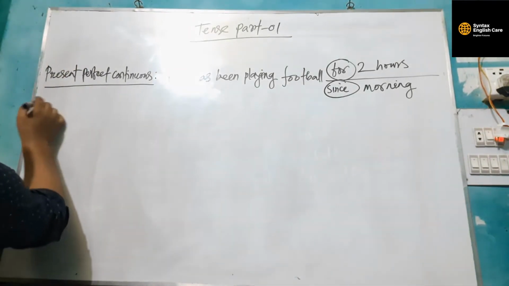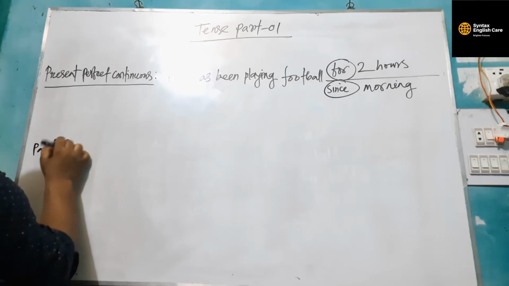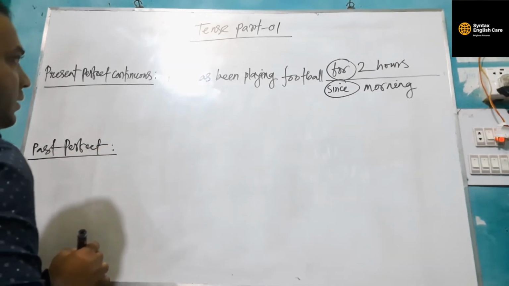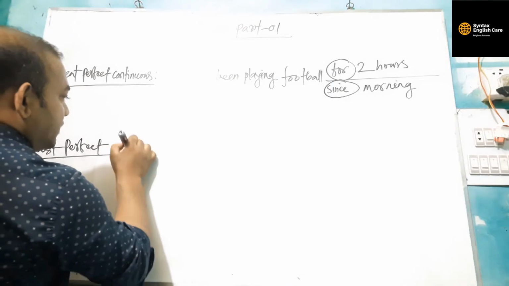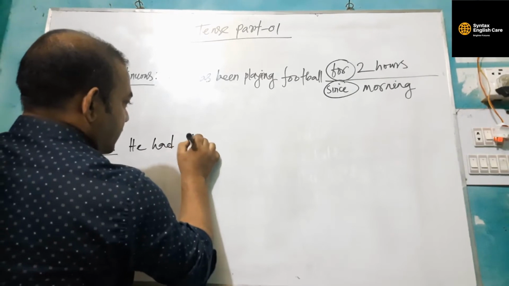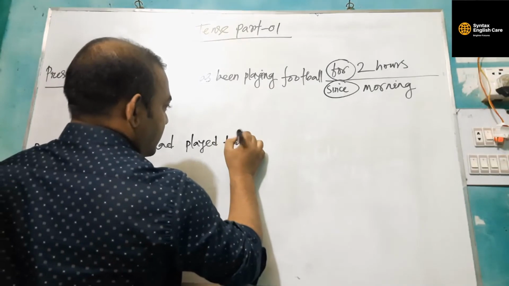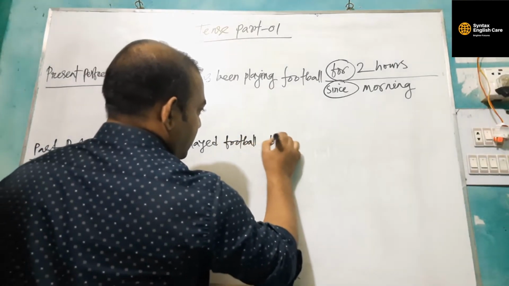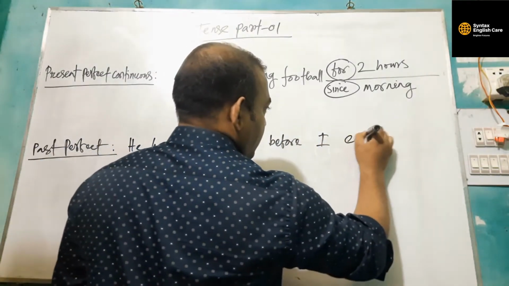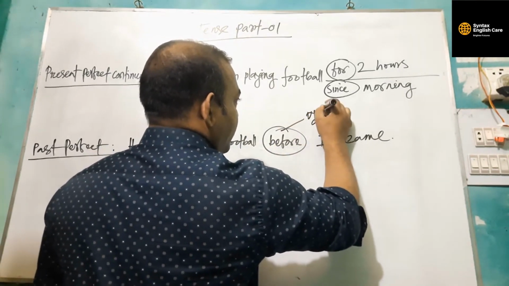I'm trying to write past perfect. Okay, here before means পূর্বে, before হচ্ছে আমাদের পূর্বে.